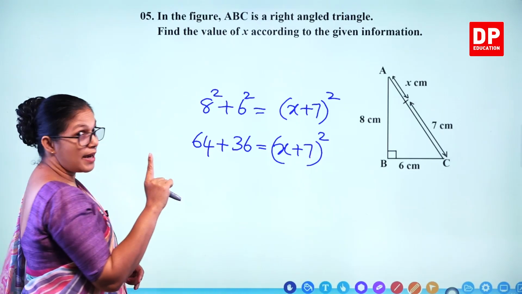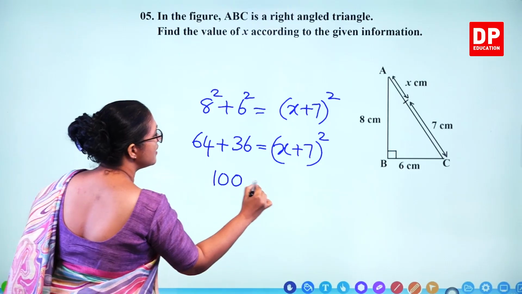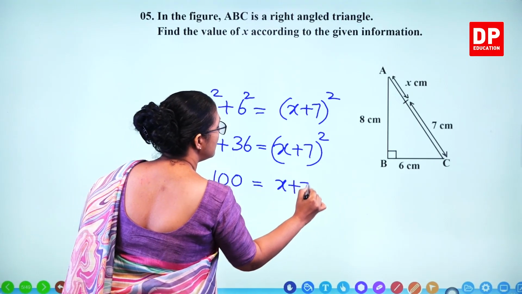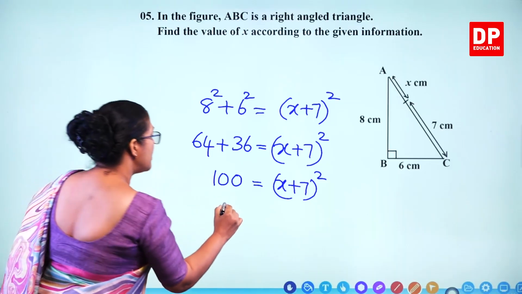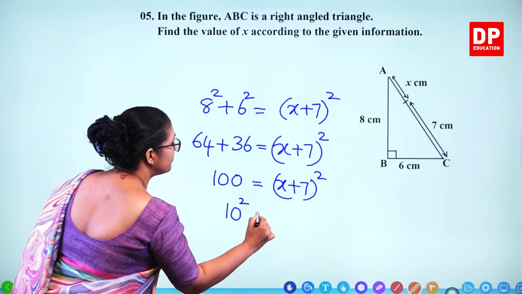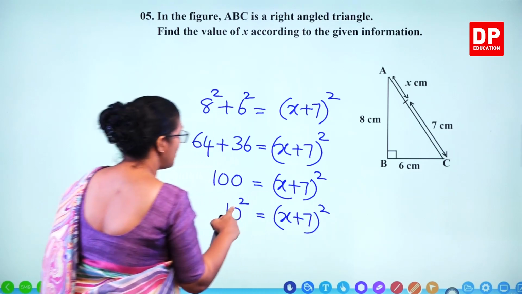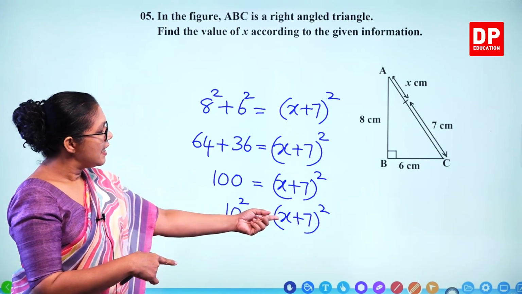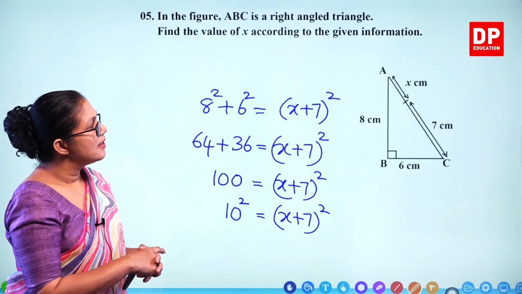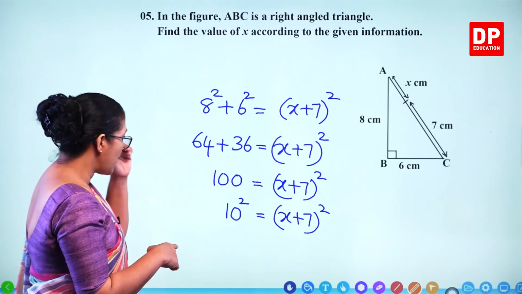No need to expand. 64 plus 36 you get 100. And what's the square term for 100? 10 squared. Here you can write either minus or plus, but we need a positive answer because x is a length, so that's why we took only plus 10.